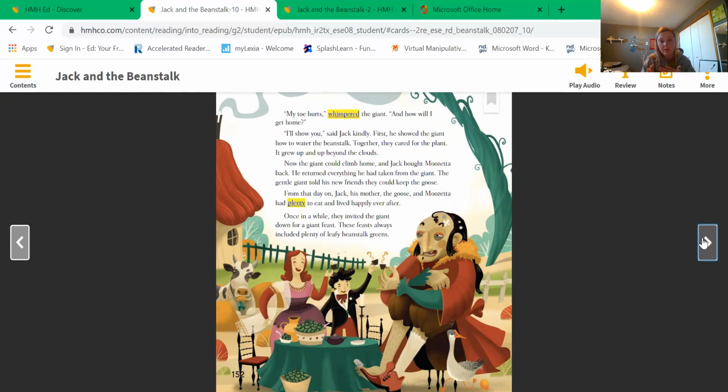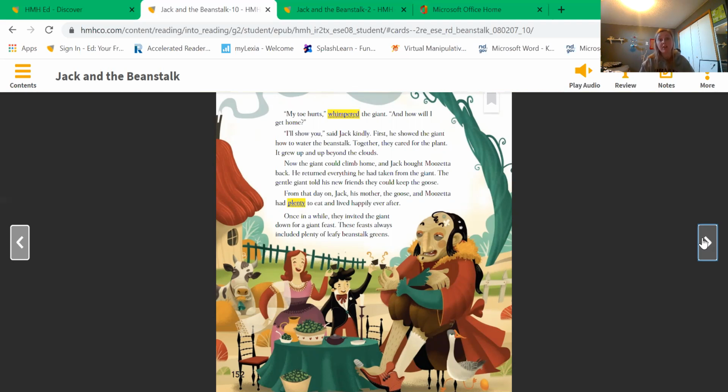Can you tell that he's kind in the pictures or by the words that he is saying in the story? And then how do the events that happen in this story, growing the beanstalk, meeting the giant, how do all of those events help solve the story's conflict?